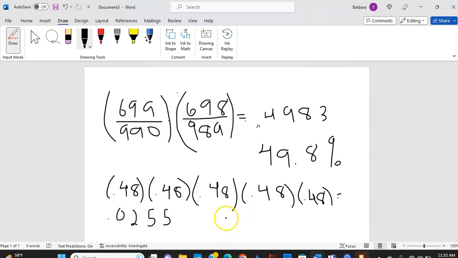Since it's the complement, to get the probability that at least one has been vaccinated, we just subtract this probability from 1. So 1 minus 0.0255 is 0.9745.